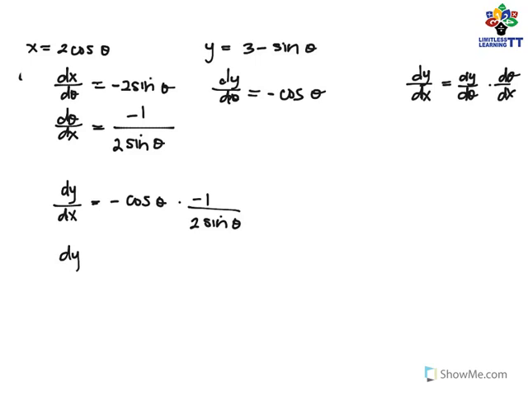And so the negative signs cancel each other out, and I end up with 1/2 cos of theta over sine of theta, and I know that cos of theta over sine of theta is the same thing as cotangent of theta, so cot theta.